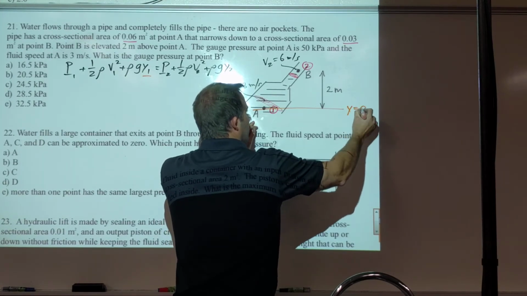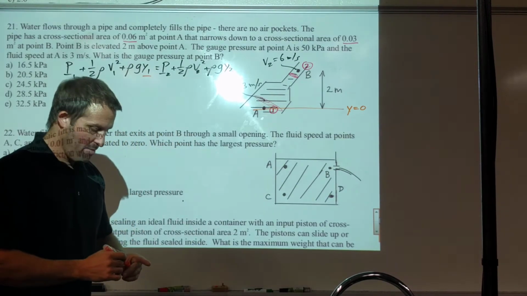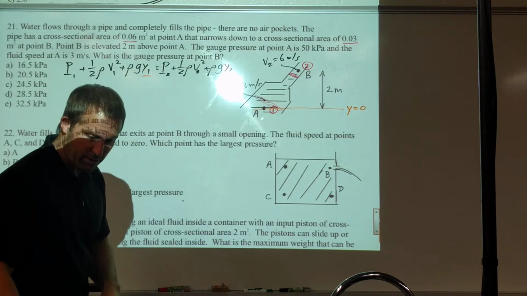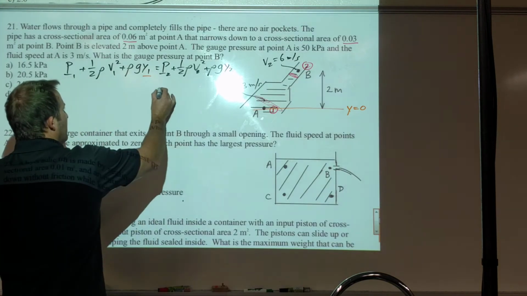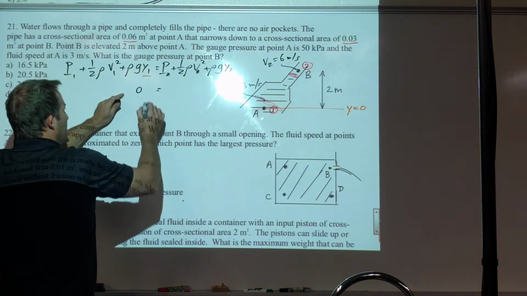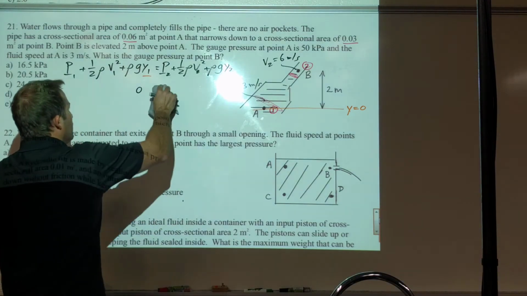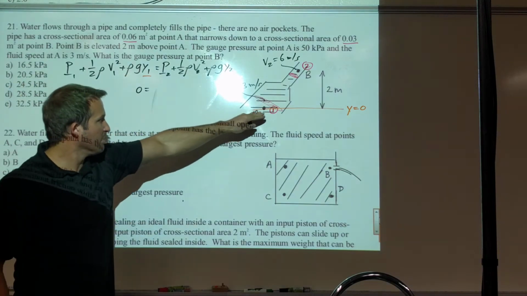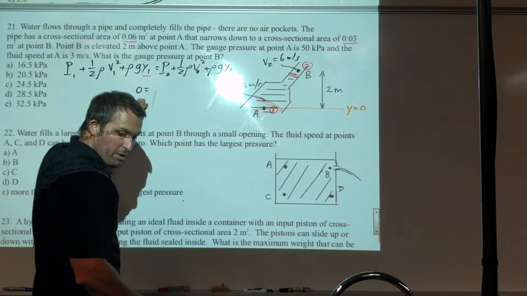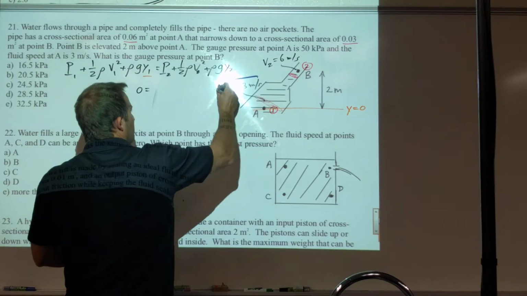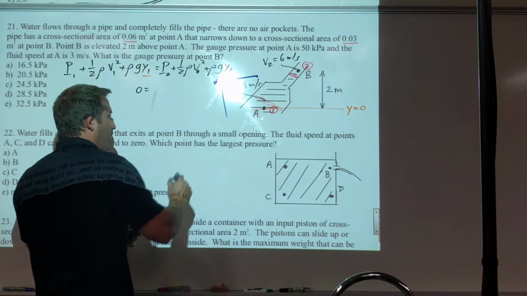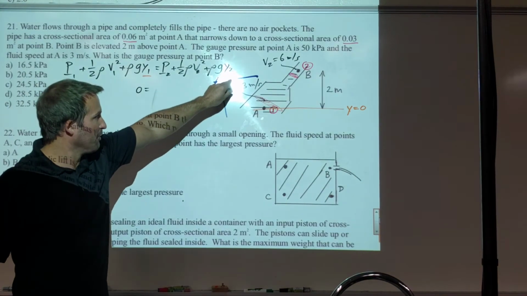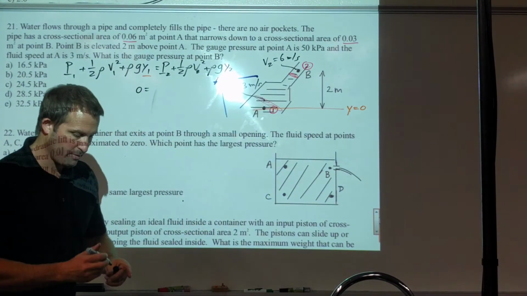Just say y equals 0 here. Based on that definition, this height is going to be 0. In fact, we can start filling in a little bit of information here. Height 1 is 0, and this last term over here, I will plug it in later, but this height is going to be 2 meters. I can see that from my picture.